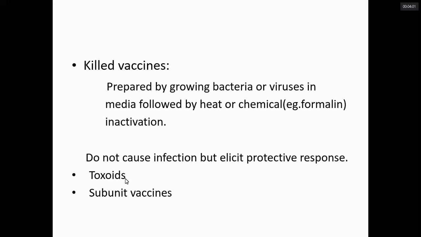Toxoids are modified toxins, like diphtheria toxoid, tetanus toxoid, etc. And subunit vaccines are where a part of the pathogen is taken, like capsular polysaccharide or protein component, like Haemophilus influenzae vaccine and pneumococcal vaccine. These are the subunit vaccines.